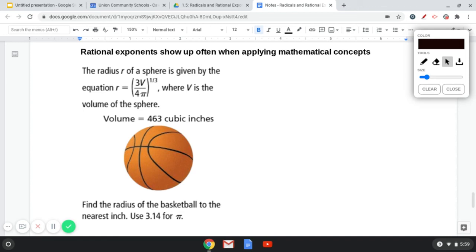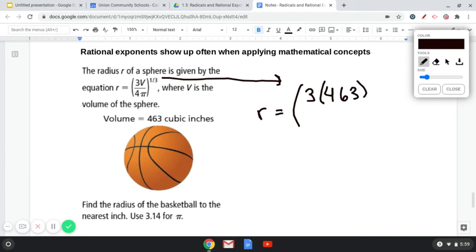We're going to use 3.14 for pi. Okay, so this just means we're going to plug in some variables. So r equals 3 times v, the volume, which is 463, over 4 pi, to the 1/3 power.